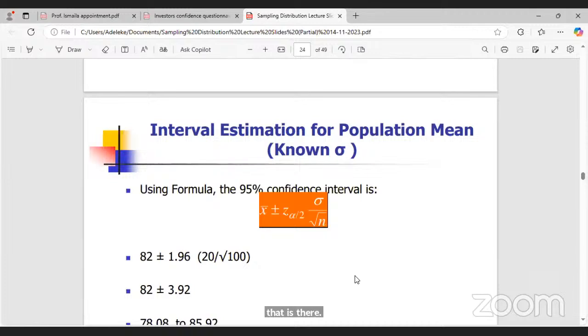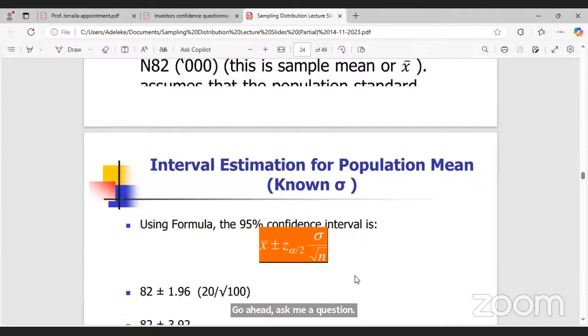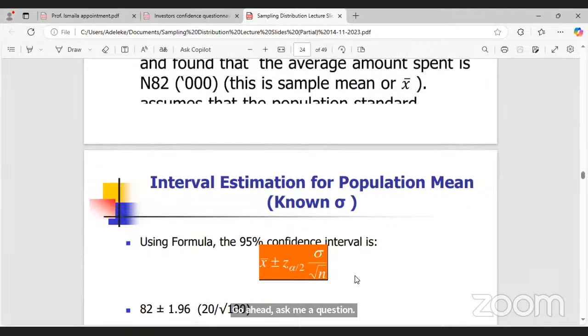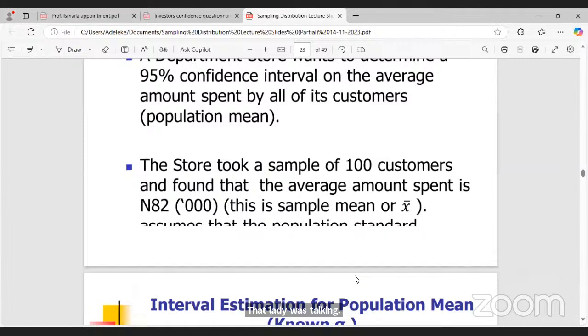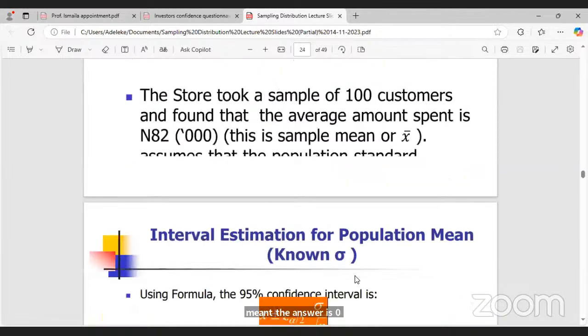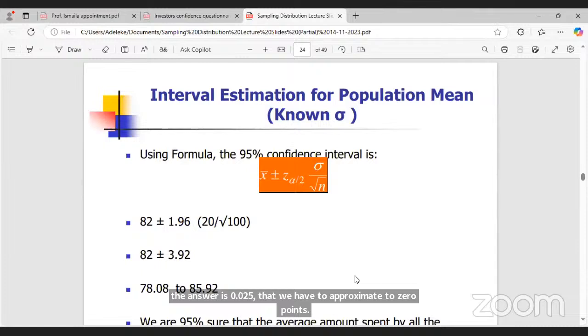Go ahead, ask your question. So she meant the answer is 0.025, that we have to approximate to 0.03 before we check it. No, 0.025.